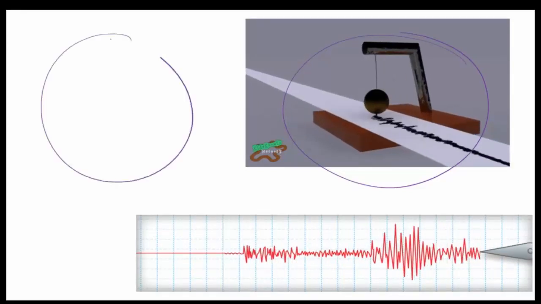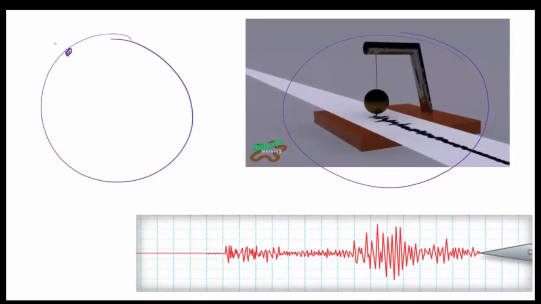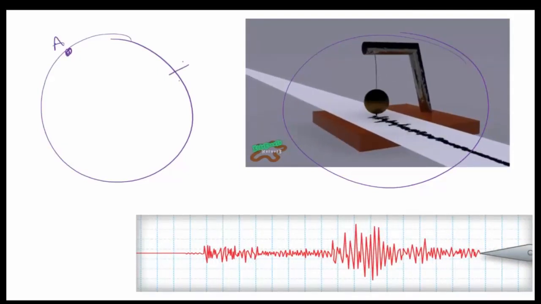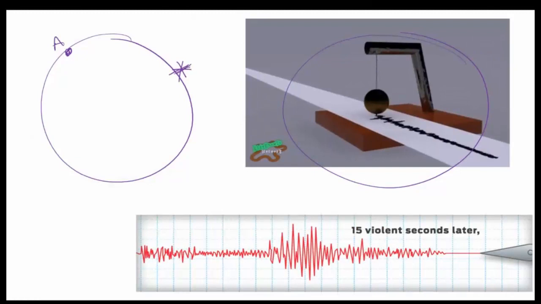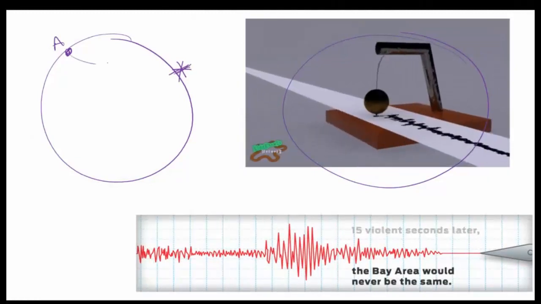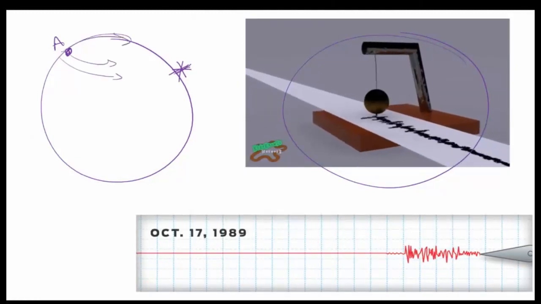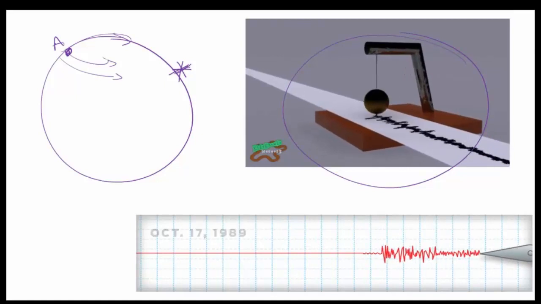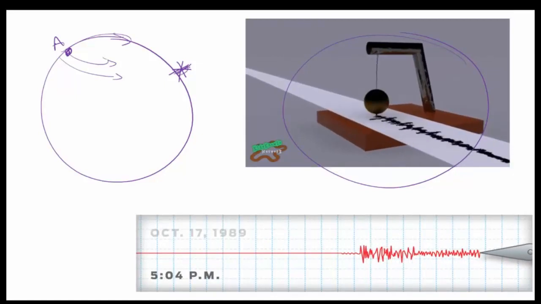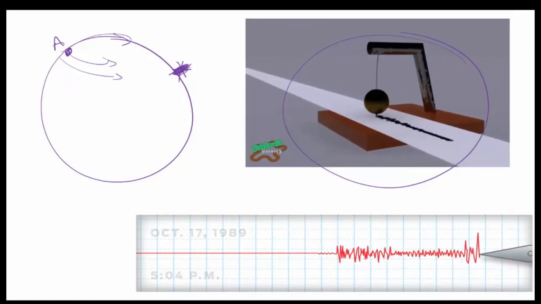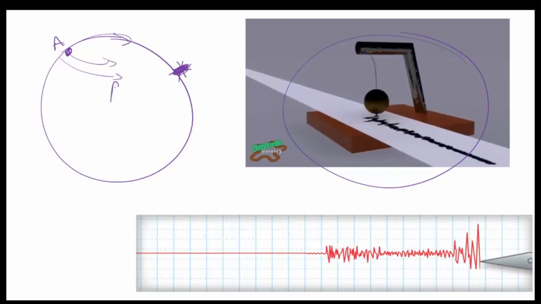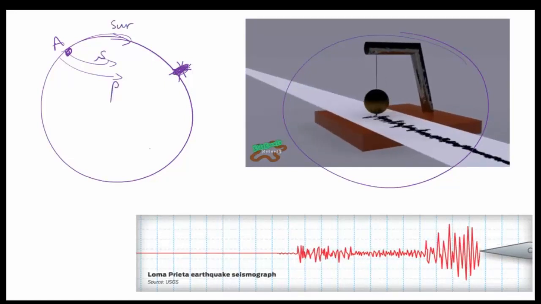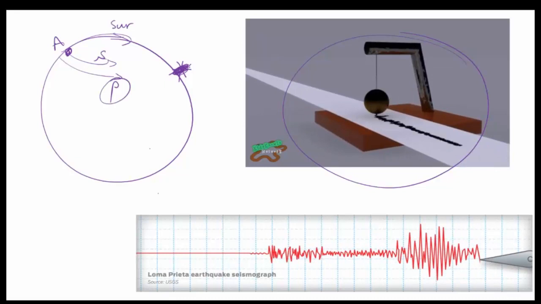So if an earthquake happens at point A, and there is a seismic station here that has this device. We said the waves move through the earth and on the surface. Which wave will reach the station first? The P wave or the S wave or the surface wave? The P wave, because it's the fastest.